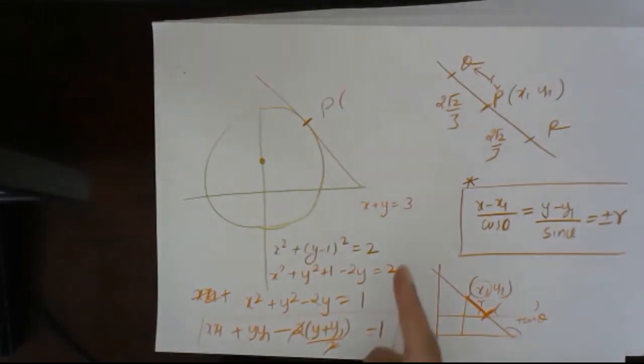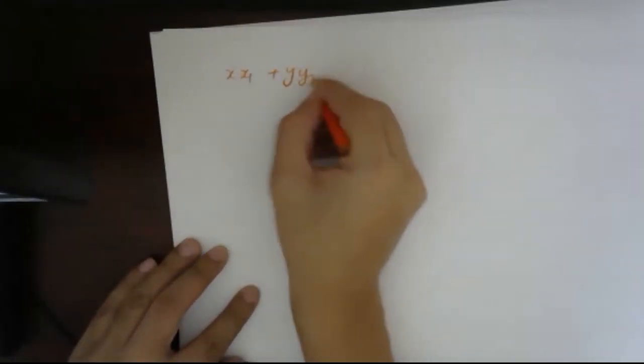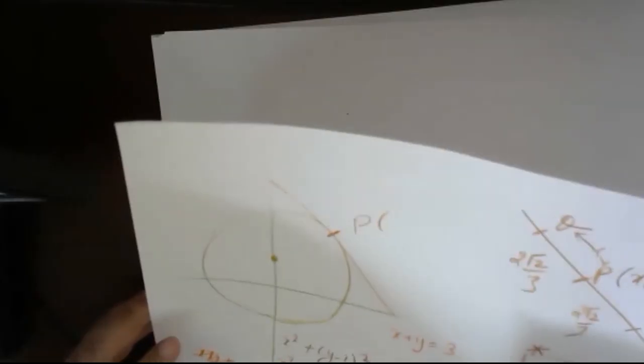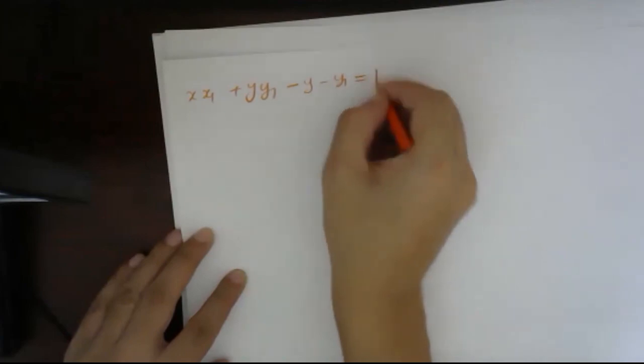If you find the point P, let's see, we'll solve that also. So we have x(x1) plus y(y1) minus y minus y1 is equal to 1.